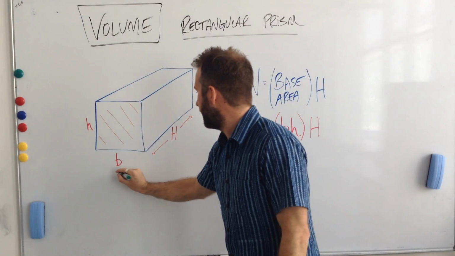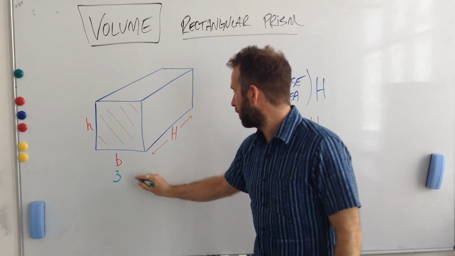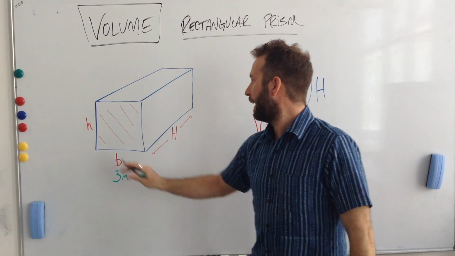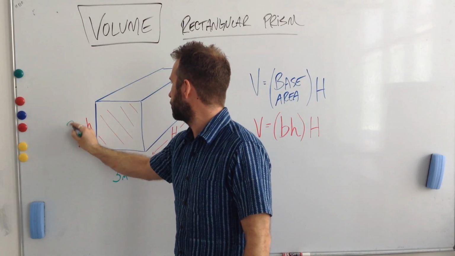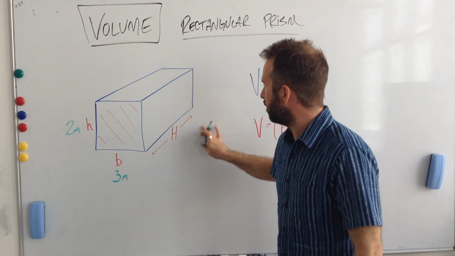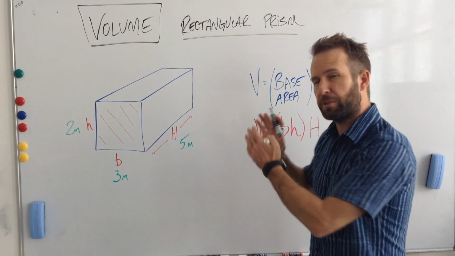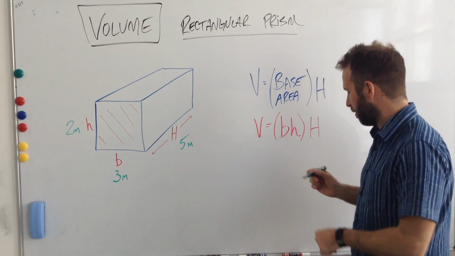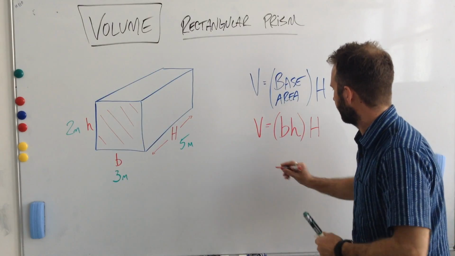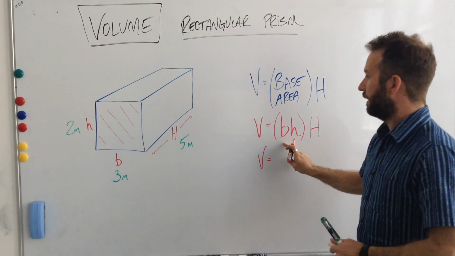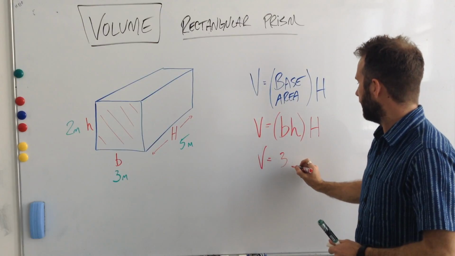Let's say that our base here is 3 meters, and our height here is 2 meters, and our big H here is 5 meters. So let's put some numbers into our formula now. Little b in this case is 3.